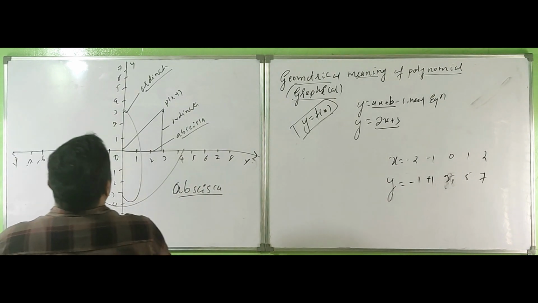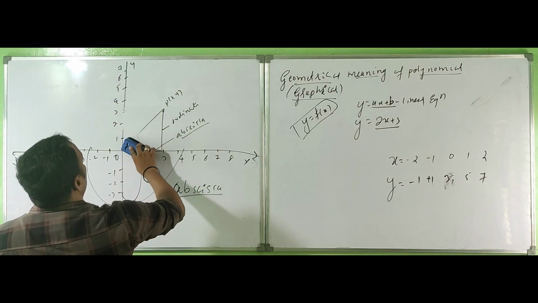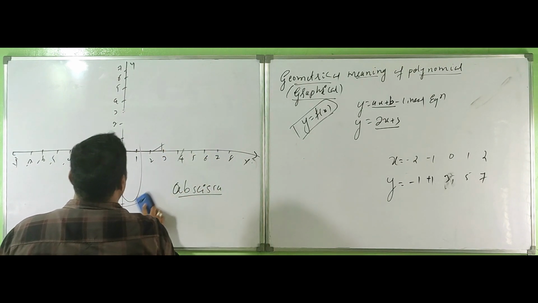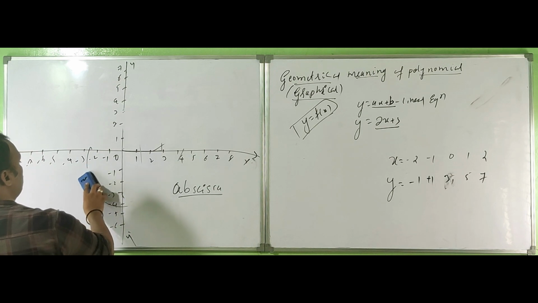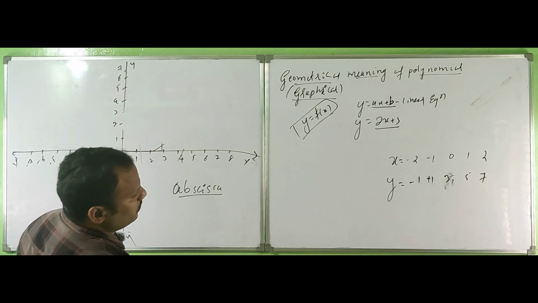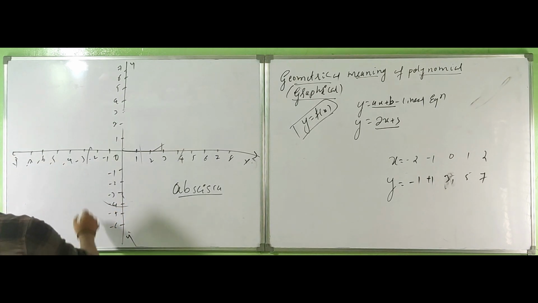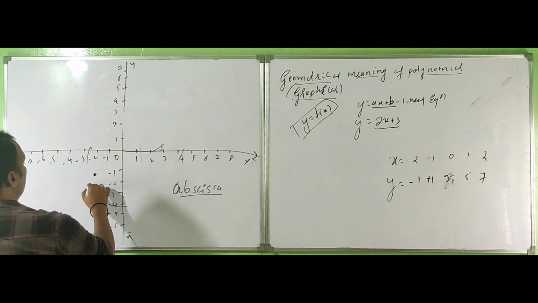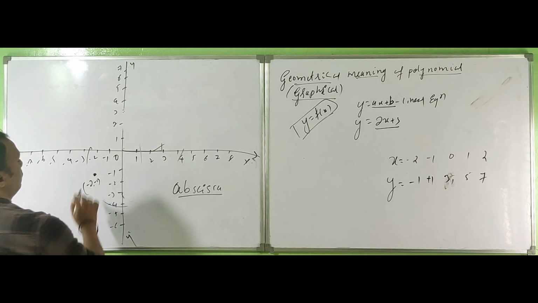Just put the values of these given numbers. The equation is y equal to 2x plus 3. For x equal to -2, we get -1, so the point is -2, -1.